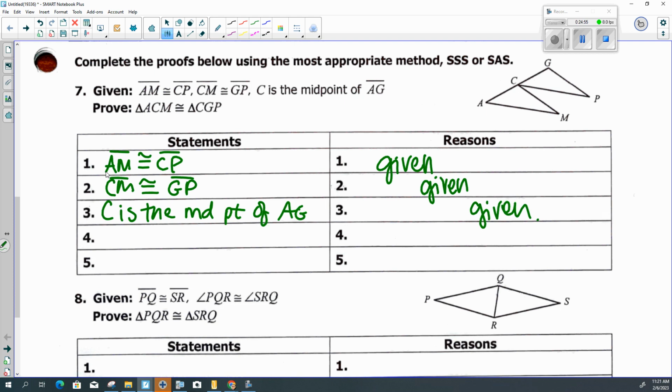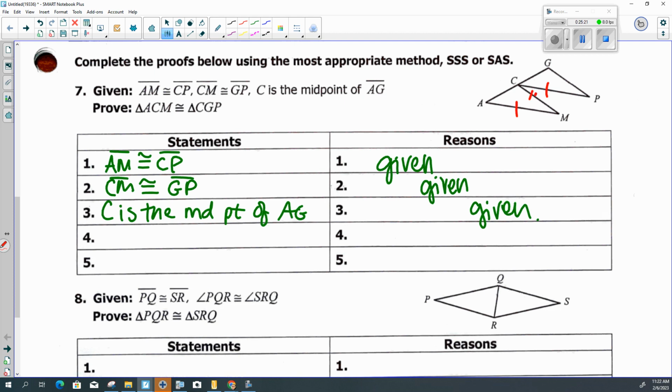What else do you usually do with the given? What did I suggest you do with it? Yeah, look at our picture. It is empty. If your picture is empty, it's going to help very much to come over. AM is this one. It is congruent to CP, which is that one. This is going to be so helpful for you to see. Do I have sides? Do I have angles?